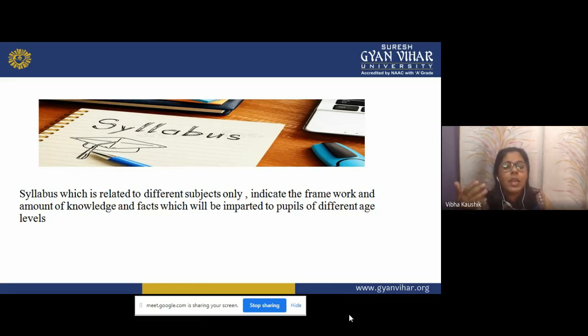So the syllabus is a type of framework, and from that framework we come to know that this amount of knowledge and facts will be imparted to the students studying in that particular grade.